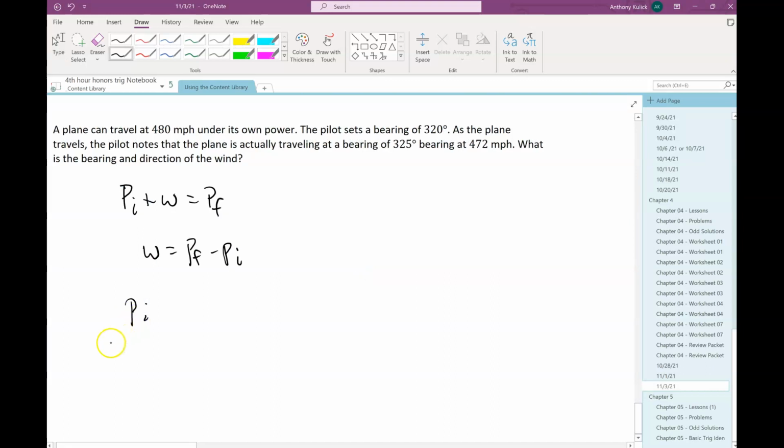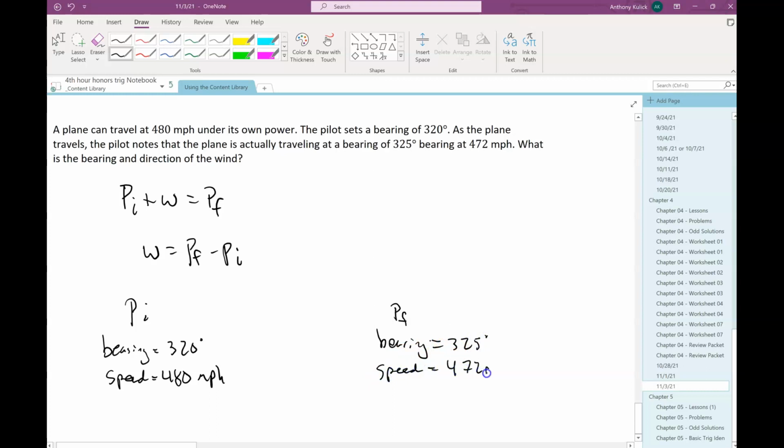So for the initial, our bearing, we're told, is 320, and our speed is 480. And our final, what we ended up going, our bearing was 325, and our speed was 472.